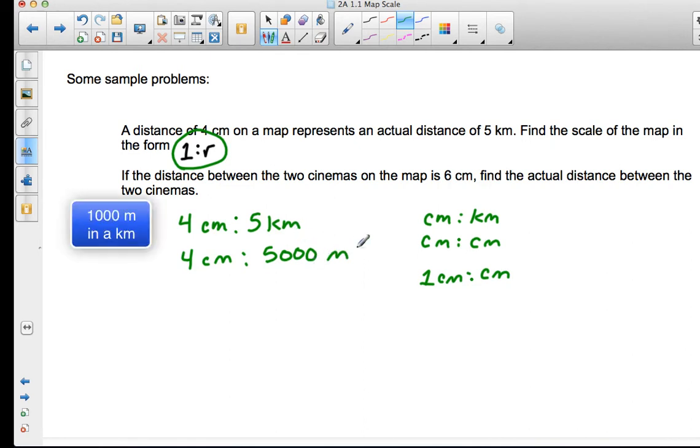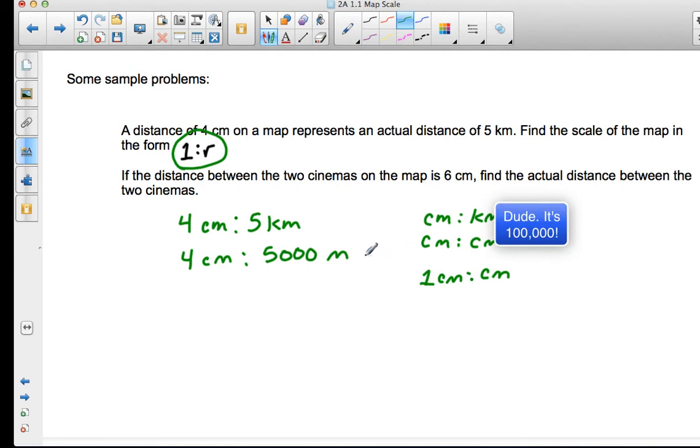I'm getting closer, but not quite centimeters to centimeters. Some of you will already figure out how many centimeters are in a kilometer, and you can make that calculation a little quicker. Then let's go: 4 centimeters represents 5,000 meters.